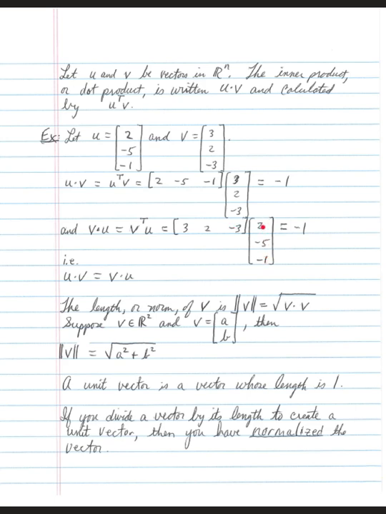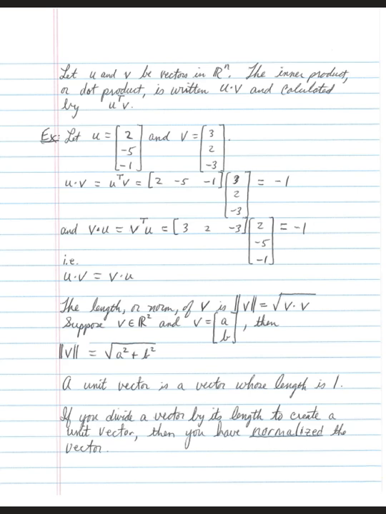Vector U will be vertical, 3 times 2 plus 2 times negative 5 plus negative 3 times negative 1, and that also totals out to negative 1. Dot products can be done in either order. You get the same result.